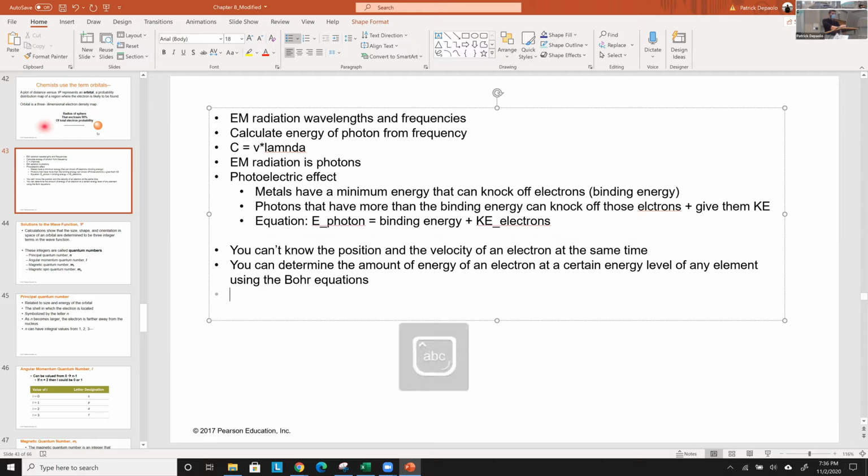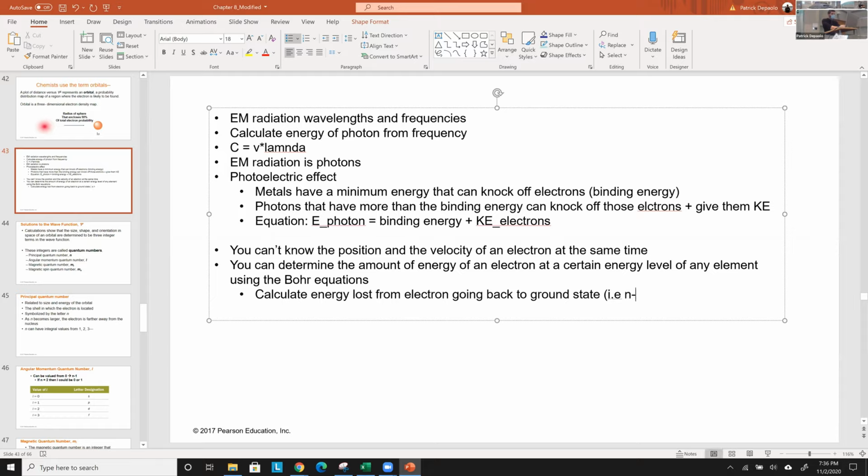In that case, you could also calculate the energy lost from an electron going back to a lower state, for example if you go from energy level n equals 3 to energy level 2.